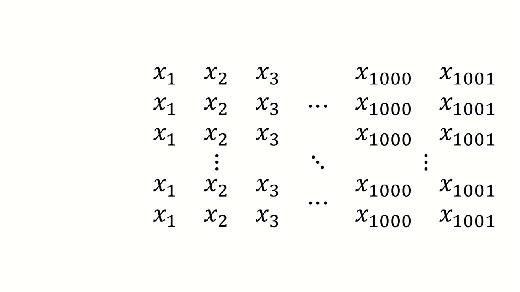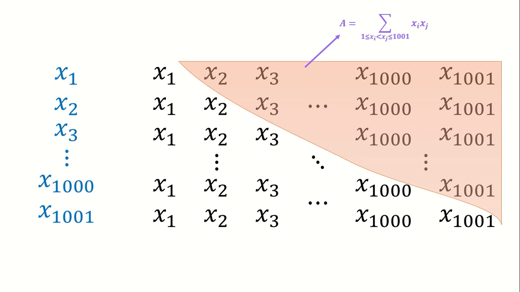How to get the minimum of A? We have a trick to get the answer. Suppose a table of x1 until x1001 in rows and columns. We have 1001 rows and 1001 columns. And then suppose a column of x1, x2, x3, etc. until x1000 and x1001. And then we multiply this column into the table.